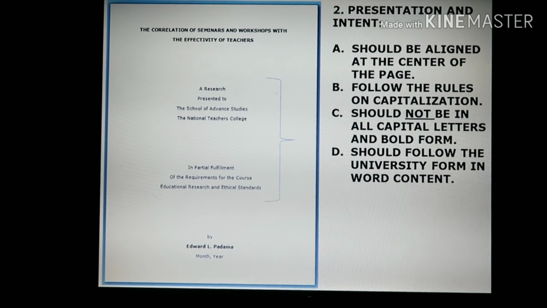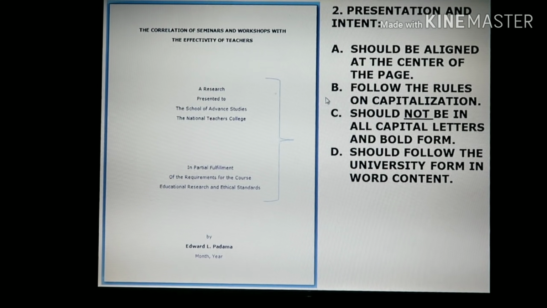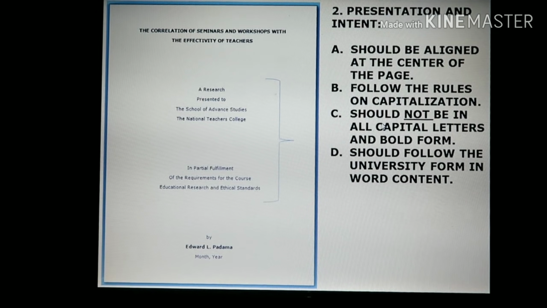Okay, and then the next is the presentation and intent, which is the second part of the research cover page. The characteristics of this part is that it should be aligned at the center of the page, the same with the other parts. It should follow the normal rules on capitalization. So only the first letters are supposed to be capitalized. In this case, even the article of is supposed to be capitalized because it is in the first part of the second line.